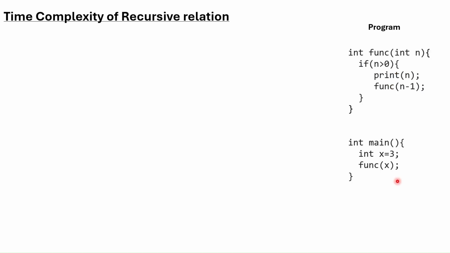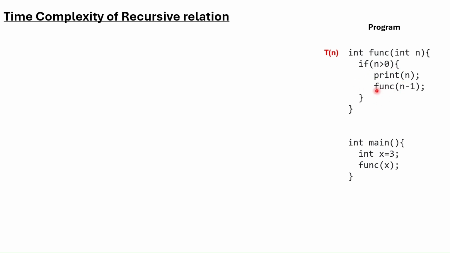Let us now calculate the time complexity of the previous program. To calculate the time complexity, we assume that the time taken by this function is T(n). Then the total time T(n) should be the summation of the time taken by all the statements inside this function.